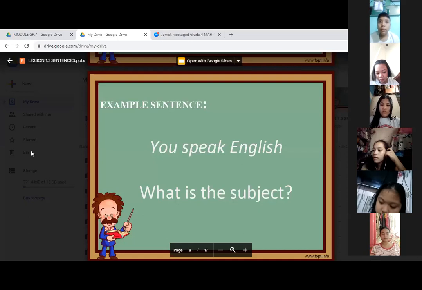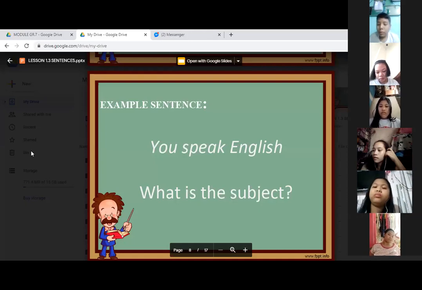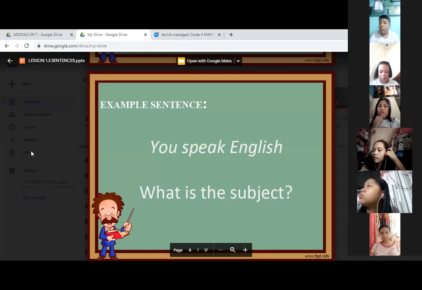And what is the action? The action is speak, salita. So, sino ang nagsasalita? Yung you o si English? So, the action is speak. The doer of the action is you, not the English. I hope I'm clear.